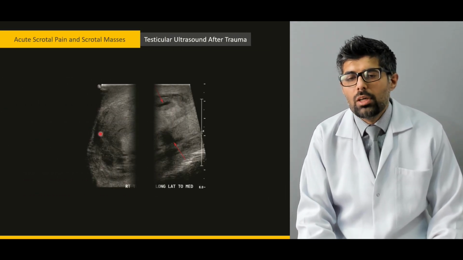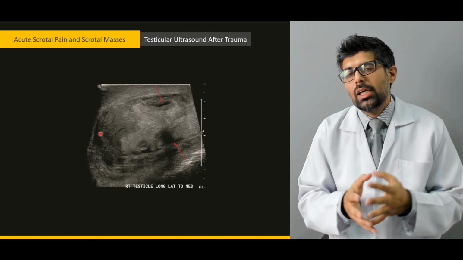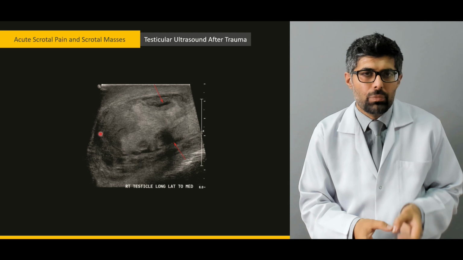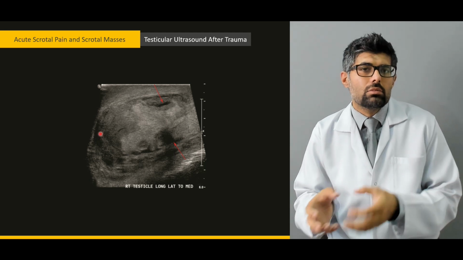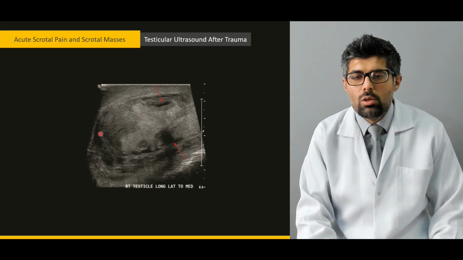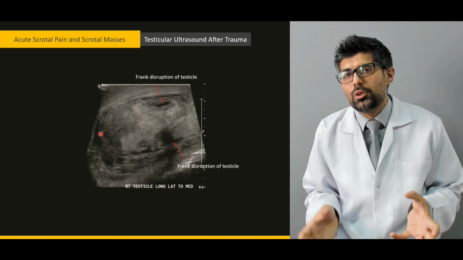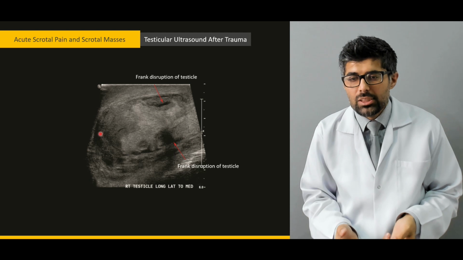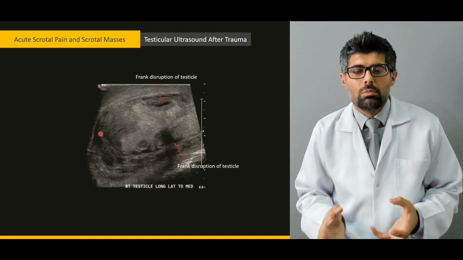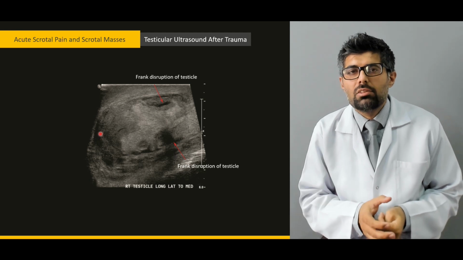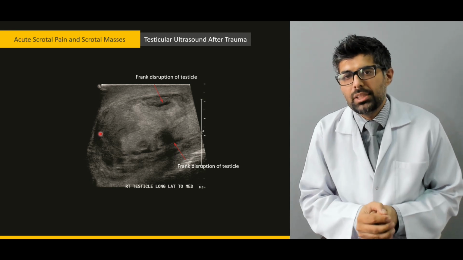Next problem that we usually encounter is trauma to testes and the scrotum. Whenever we find trauma, we usually look for either some kind of frank disruption of the surface of the testes, or some kind of discontinuation or laceration in the parenchyma of the testes.